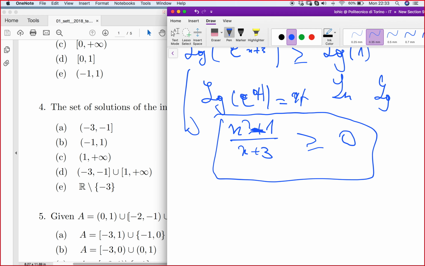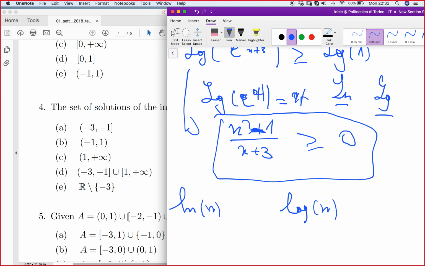Okay, I didn't repeat the question first. The question of my student was: is there any difference between ln and log? I reply that when you write ln of x or log of x, it is the same.